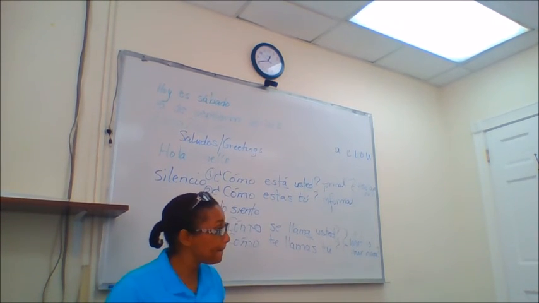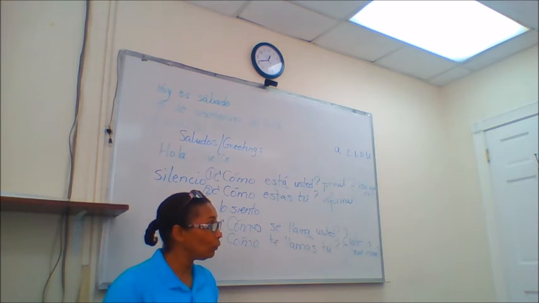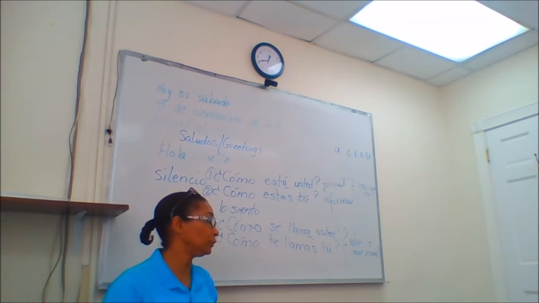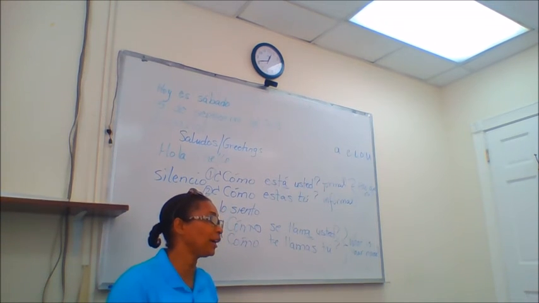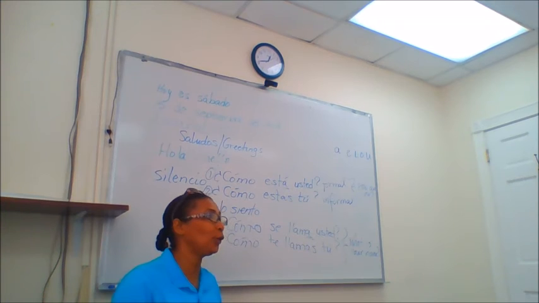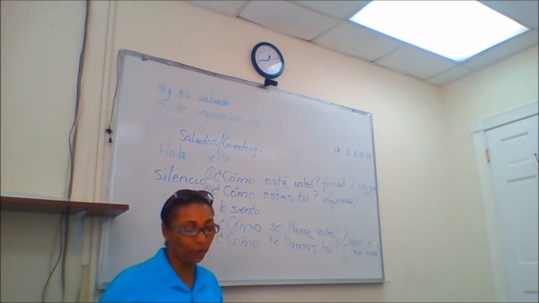If I want to say I don't speak Spanish, I say no hablo español. No, take out the de. You don't need de. No hablo español. Remember, not hablo with the H sound, but hablo: take off the H sound and pronounce your vowel.